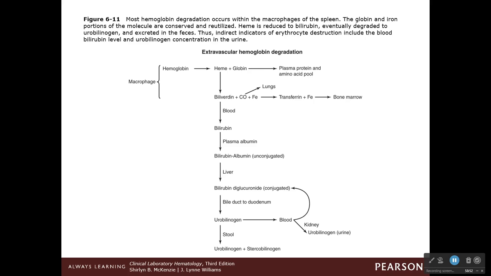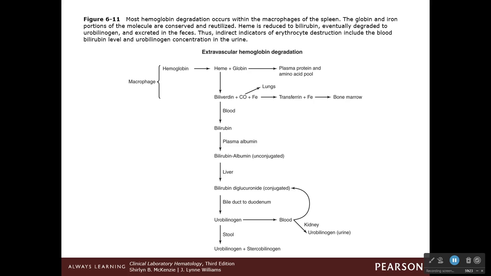Biliverdin in the blood goes to the kidney or to the liver to be turned into bilirubin. Through enzymatic reactions, biliverdin is turned into bilirubin. That's all I want you to know right there. Biliverdin turned to bilirubin. This happens in the plasma. When bilirubin is formed in the plasma, it binds with a protein called albumin.